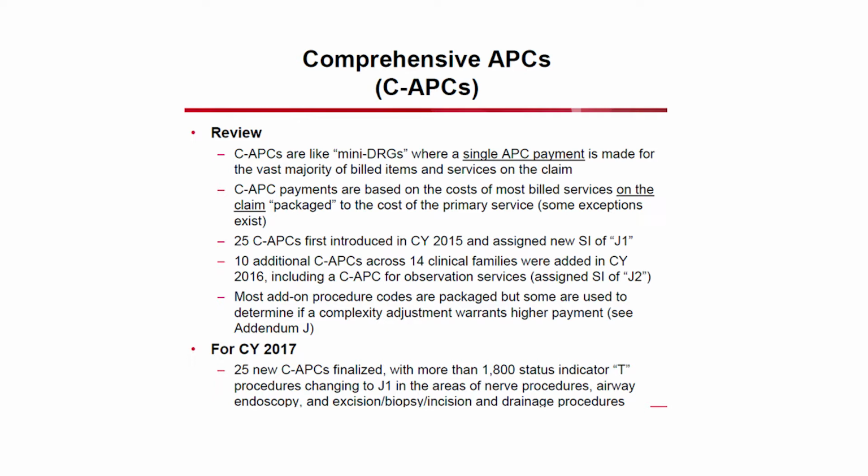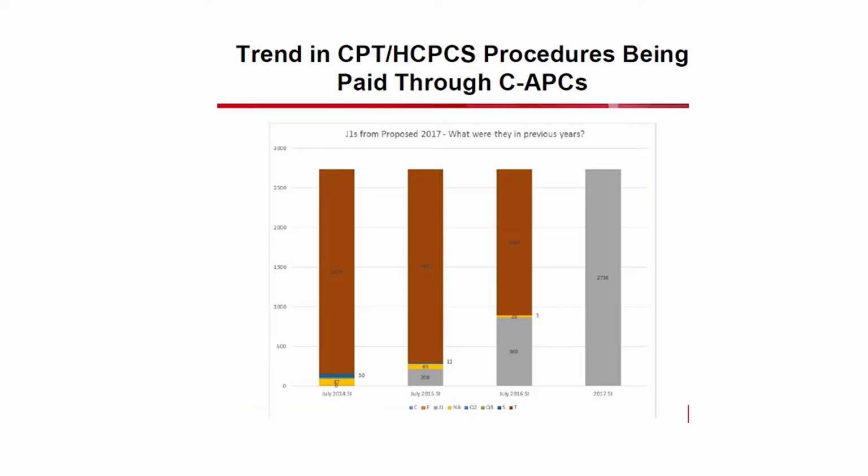And then for 2017, 25 new C-APCs were finalized with more than 1,800 procedures typically in the surgical setting changed to these payment rates. What that means is that there's a single package for a significant amount of procedures that are done on an outpatient basis.